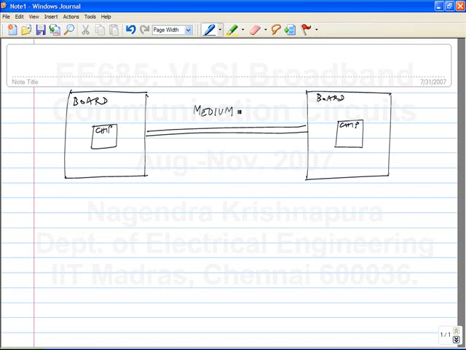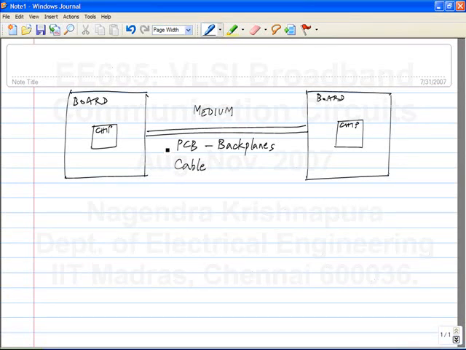Now the medium of transmission can be anything. It could be another large board. It could be the PCB itself, and there are particularly large PCBs into which you plug in a lot of smaller PCBs, and those are known as backplanes. It could be a cable. An example of a PCB is when you have the memory chip and the processor on the same board, and they have to communicate with each other.